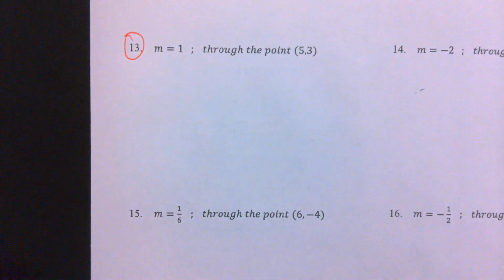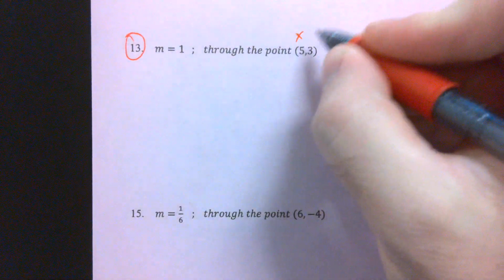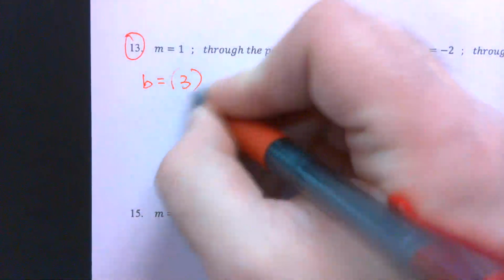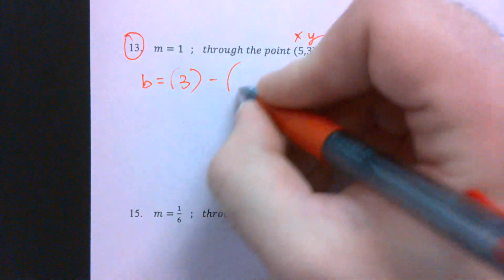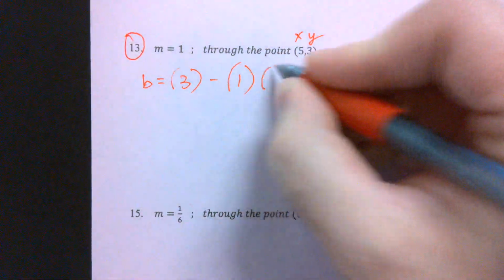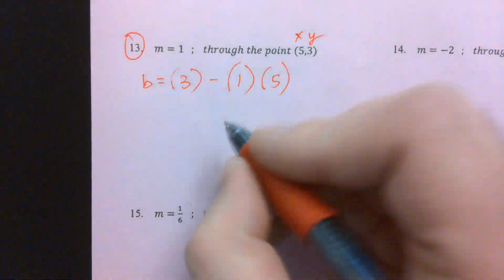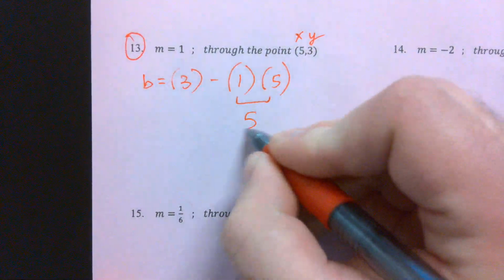Good. Flipping on over. Last one. 13 on the back. Slope of 1 through the point 5,3. 5 is my x. 3 is my y. B is equal to y, which is 3, minus m, which is 1, times x, which is 5. What's 1 times 5? 5. Thank you.